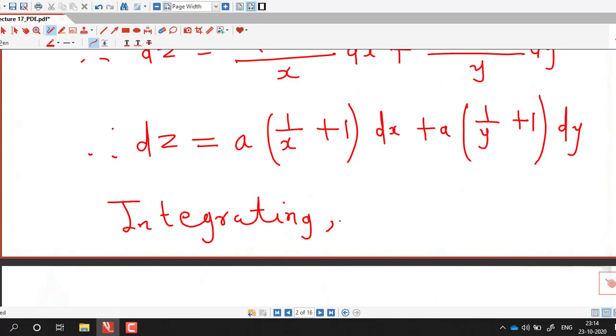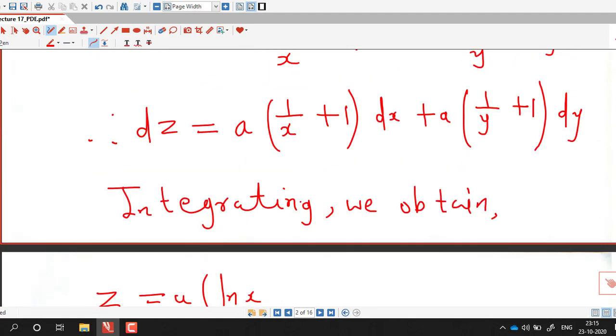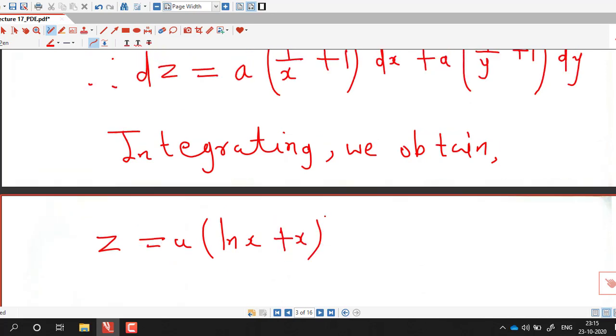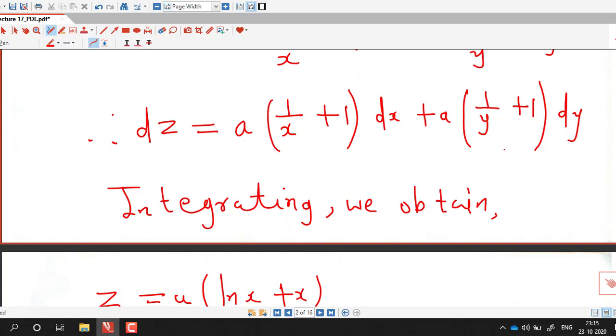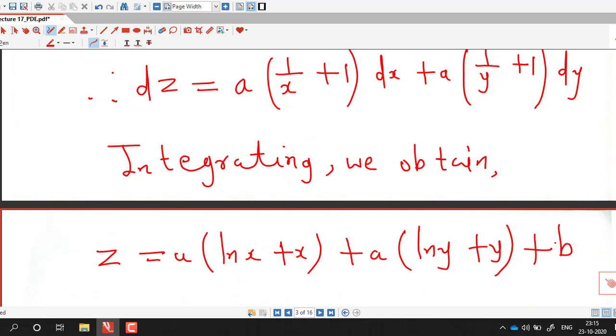So integrating we obtain the integral of dz, which is z, equal to A times the integral of 1 by x, which is log x, and the integral of 1 with respect to x is x. Similarly, A times the integral of 1 by y is log y, and the integral of 1 with respect to y is y. So A times (log y plus y) plus an arbitrary constant, say log b.